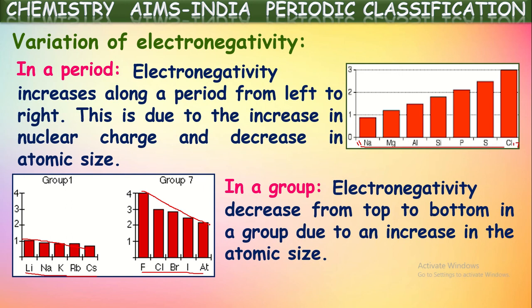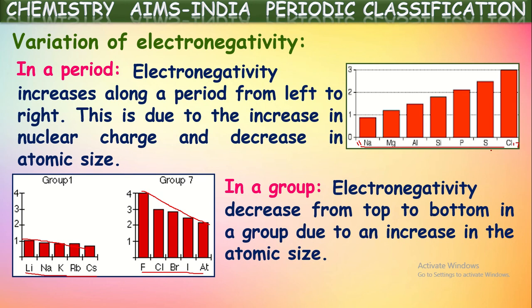What we can summarize from all this is that in a period from left to right electronegativity increases, and in a group from top to bottom it decreases. Now which element will have the highest electronegativity? From alkali metals to halogens electronegativity is increasing, so halogens have the greatest electronegativity in all the periods.